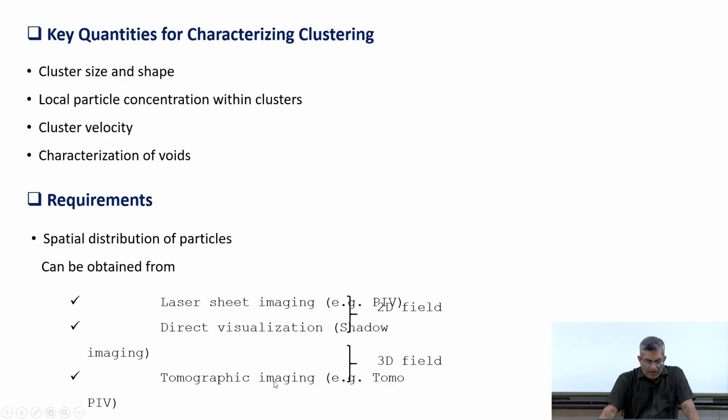On the other hand, we can also have tomographic imaging, for example tomo-PIV, where multiple cameras are used and we can track the particles in a 3D flow field. And then there are simulations, for example direct numerical simulation of particles with Lagrangian tracking, or large eddy simulation, that can also give us a 3D field. So, basically, to characterize the particle clusters, you need the distribution of the particles, either a 2D or 3D distribution. It can be obtained either from experiment or from simulations.